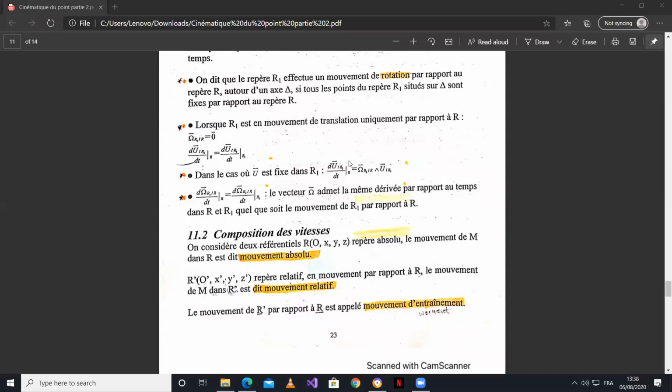You just study it in R prime. You have to compose the movement when you're being told to study something that belongs to one referential, or something that's written in one referential, and you're being asked to study it in another referential. You get the difference there? Yes, I get it.